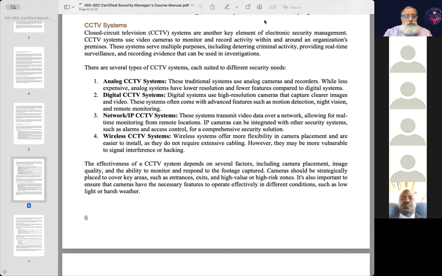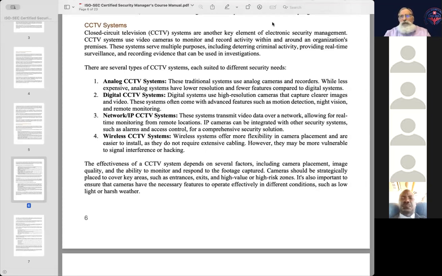And we have to clarify what CCTV is, first of all. CCTV is not a camera with a monitor, okay?